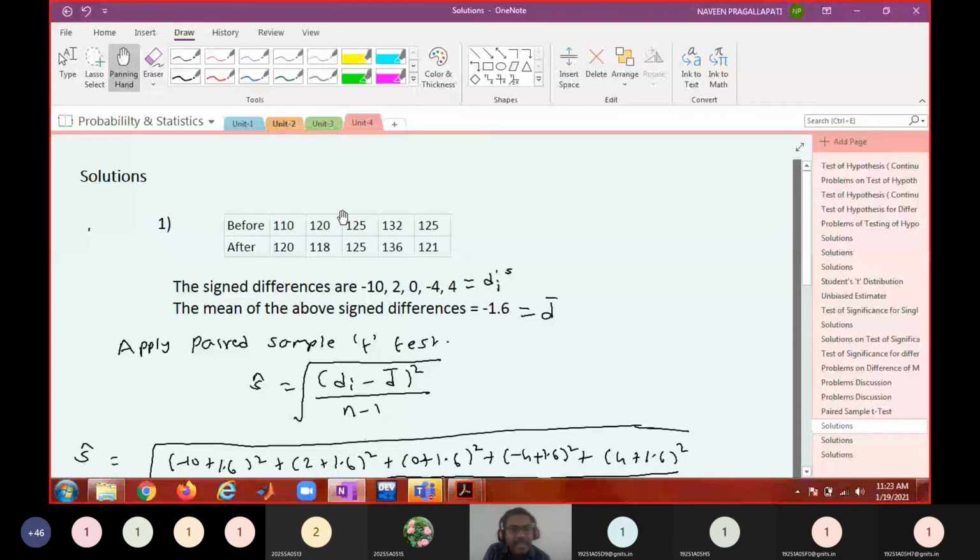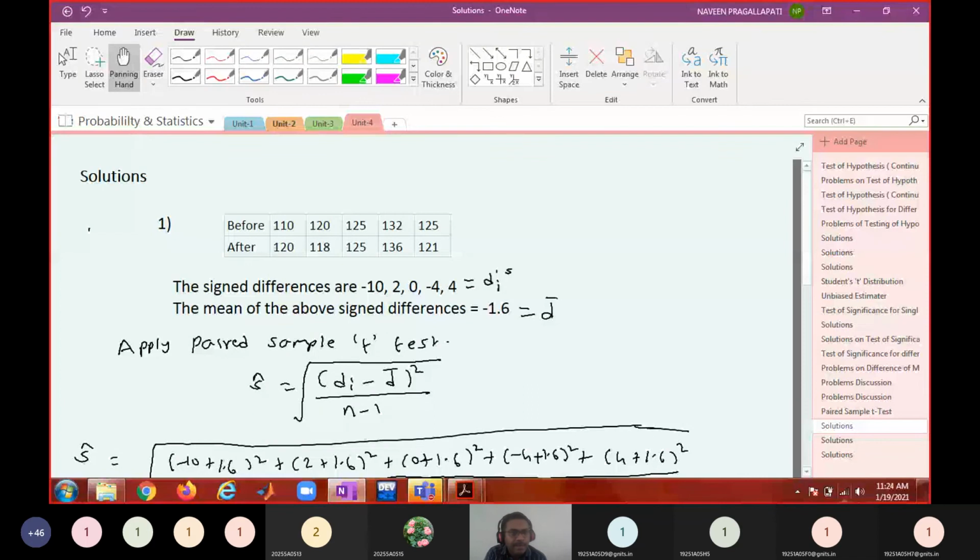So getting a positive mean is a good sign actually in this case, but you are getting a negative sign, right? So that itself is telling that it is not at all effective. In fact, it is causing damage also because of this negative mean.